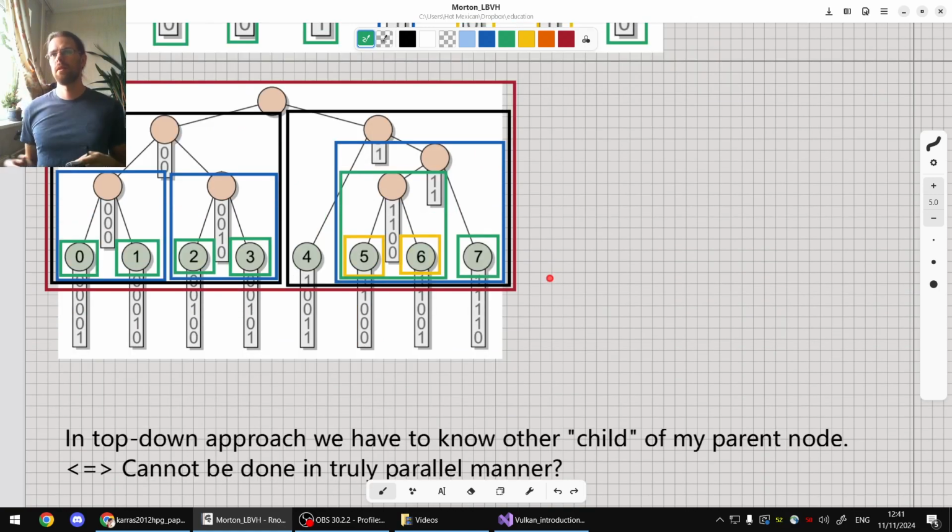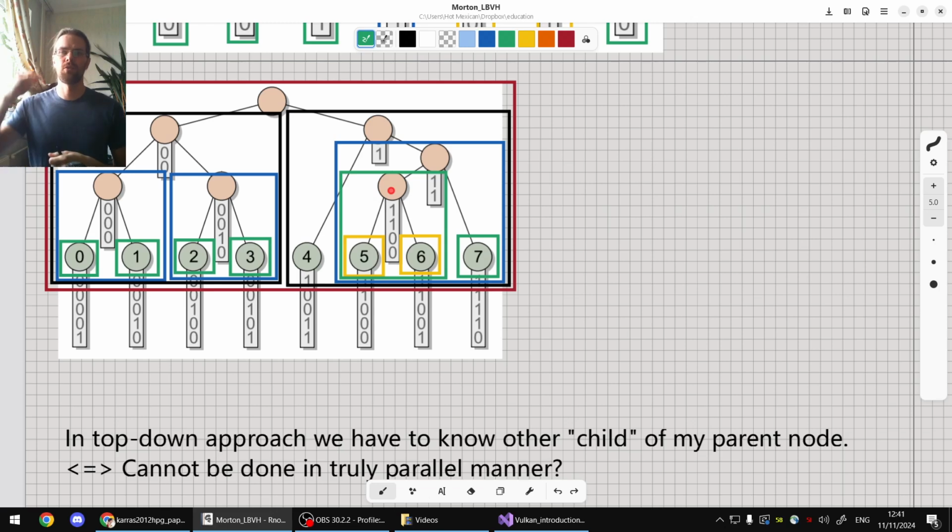This top-down method is easy to understand, but it's not properly parallelizable. If you want to work on some node that spans some region and start subdividing it, you actually have to know what this region is, so you have to know the neighboring nodes and where they end.